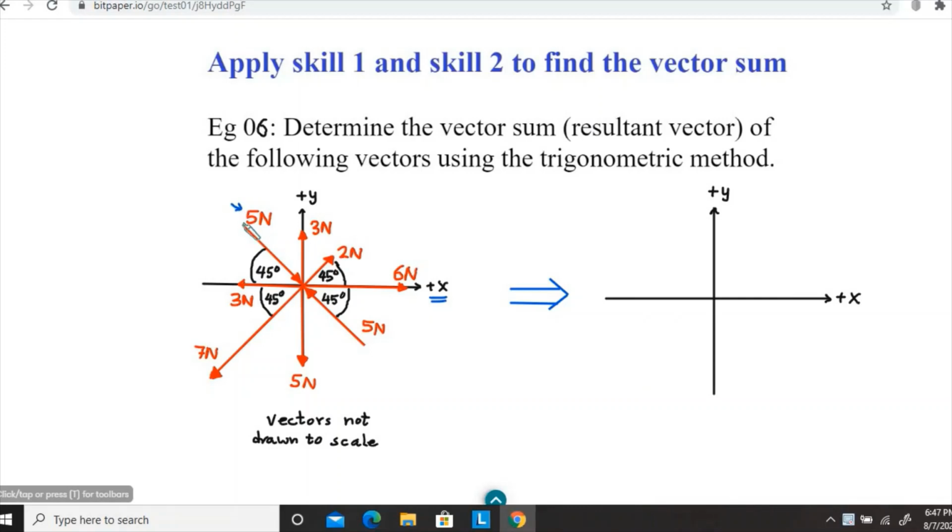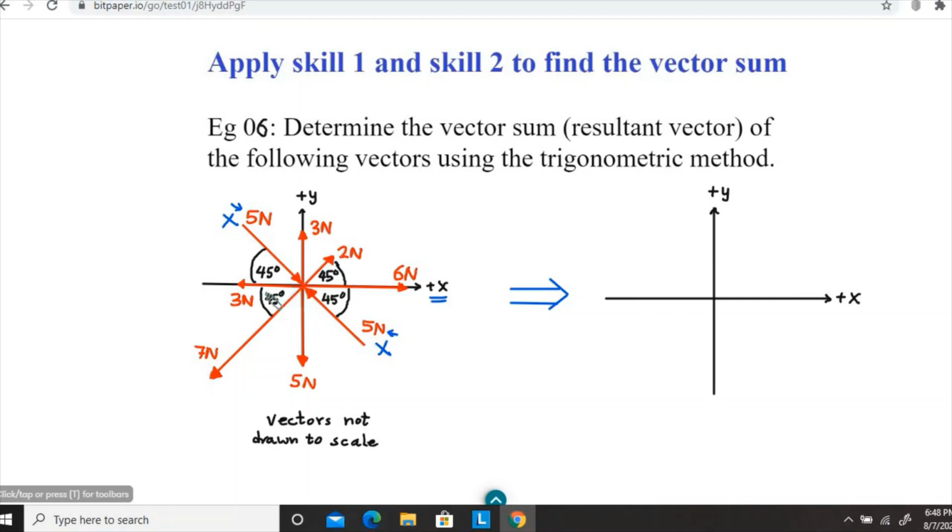You can see the 5 Newton vector is pointing towards the origin, and then this other 5 Newton vector is pointing towards the origin too, but in the reverse direction. So I mentioned that these sort of vectors are called opposite vectors, and they will cancel out. So this vector will cancel out with this vector because they are equal in size and opposite in direction.